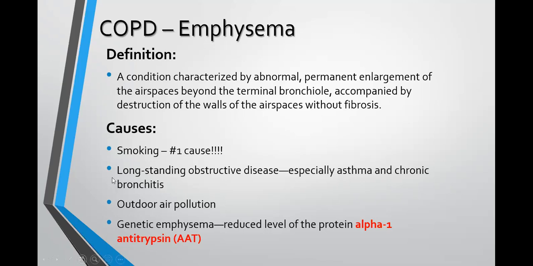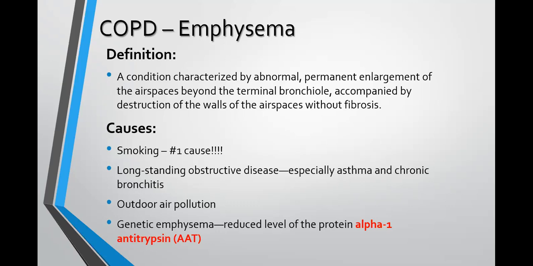All right. The next cause, long-standing obstructive disease. So like if you already had asthma and chronic bronchitis for a long time, they together can damage the lungs to the point where they become floppy. Once they become floppy, it's called what? Emphysema. Okay? So usually emphysema is caused by smoking, but the smoking gives you chronic bronchitis and some other things together.